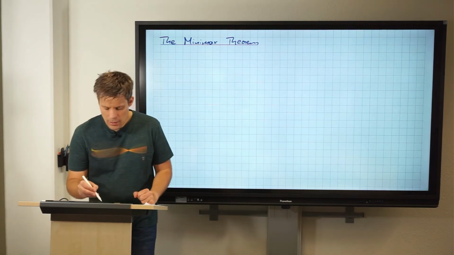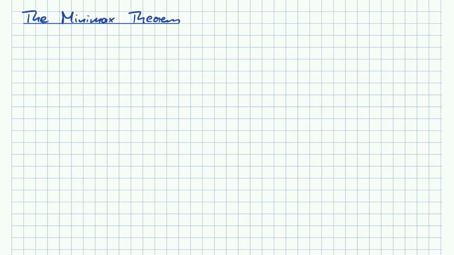Let's see how we could write this down. It's actually very easy. Namely, we can say that for every matrix A, any m by n matrix, we have the following.